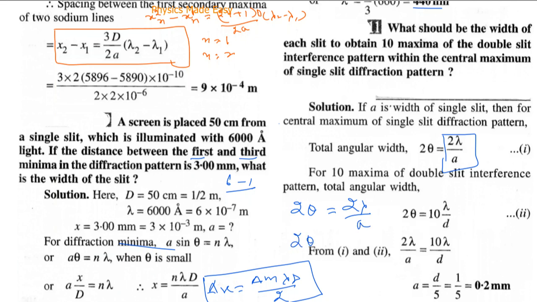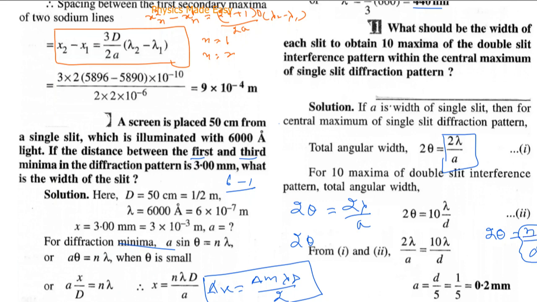Now in 2 theta, condition for nth maxima in interference is n lambda by d, where d is the distance between the two sources.